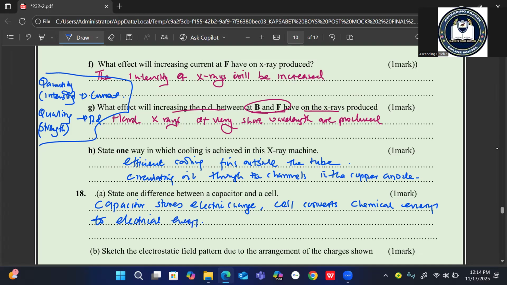Also say a capacitor discharges instantly, while a cell runs for a longer time.